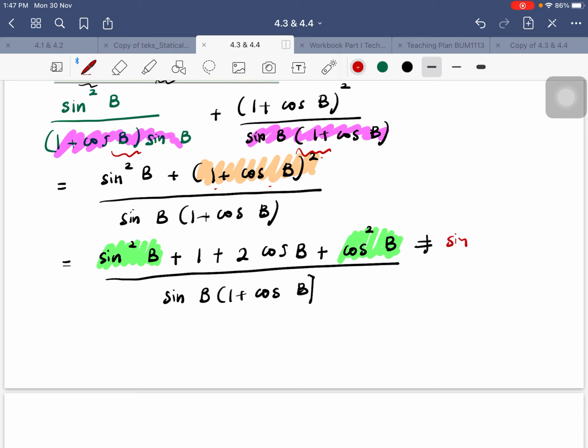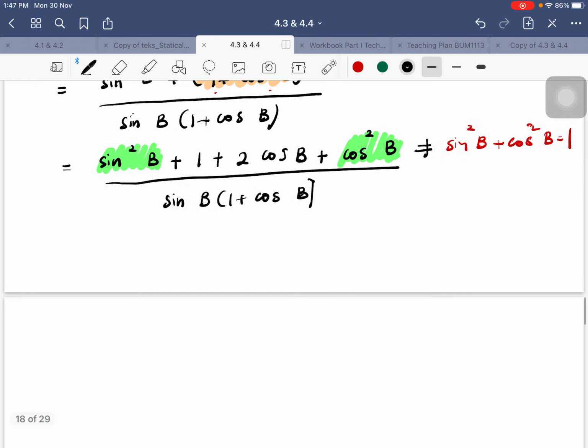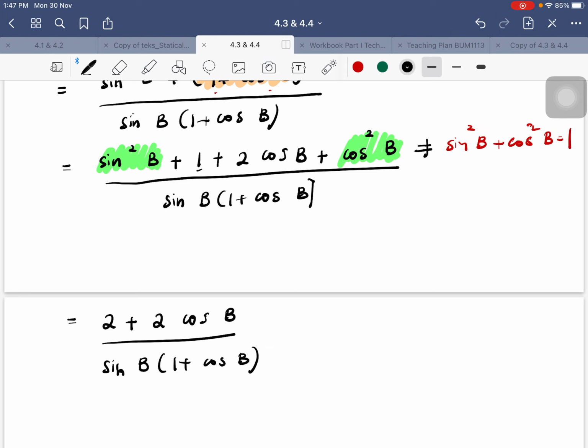So therefore I'm going to simplify. I'm going to have 1 and 1, so that is going to equal 2. So I'm going to have 2 plus 2 cos of b, and underneath I'm going to have sine b multiplied by 1 plus cos of b. Okay, so that's how it looks.